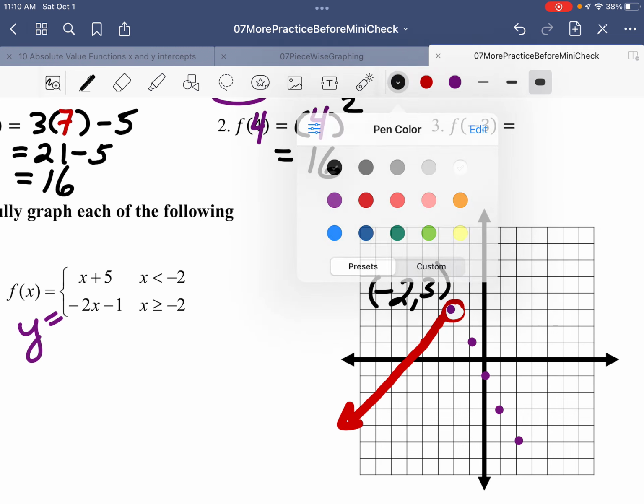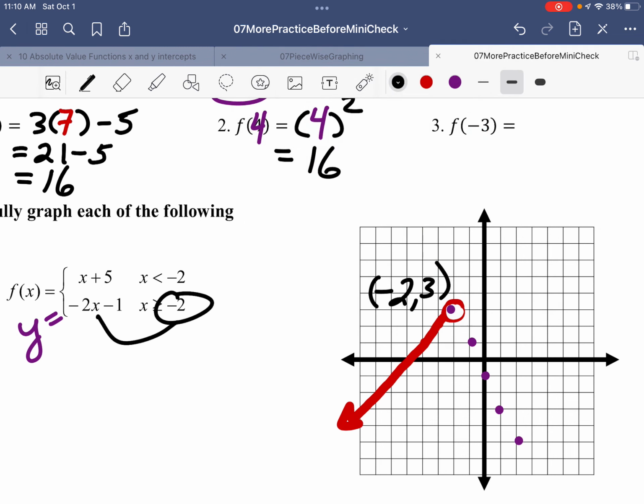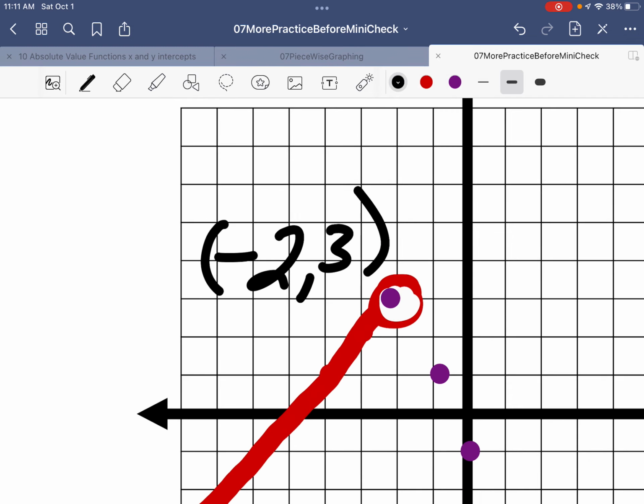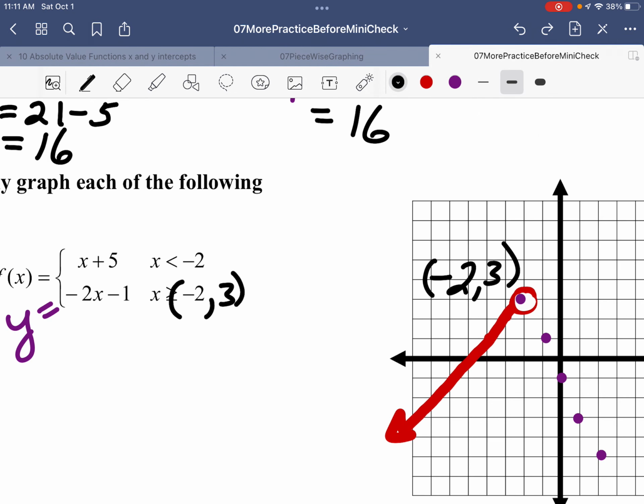When you plug in the endpoint, be careful with your math here. That's negative 2 times negative 2 minus 1. Now, wait a minute. Negative 2 times negative 2 is 4, minus 1 is 3. Well, that ends up being the same endpoint. What that means is that I'm going to start where my other graph left off. I'm going to start right here at negative 2, 3.